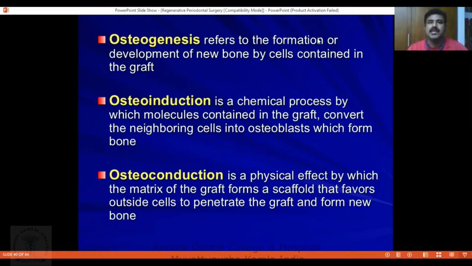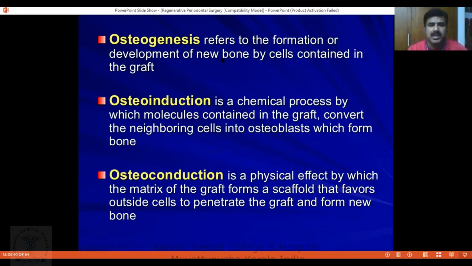Now, when you place a bone graft in a defect, the graft behaves in different ways, and these are the properties of bone graft. It may have an osteogenesis property, it may be osteoinductive, or it may be osteoconductive. So what is osteogenesis?